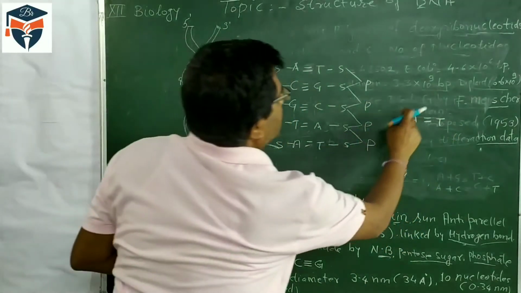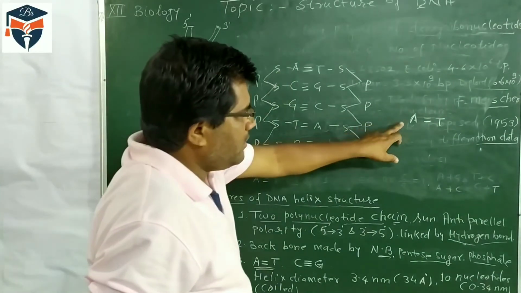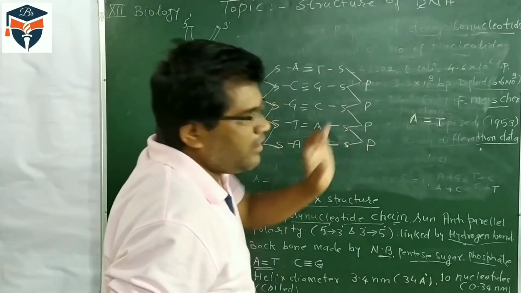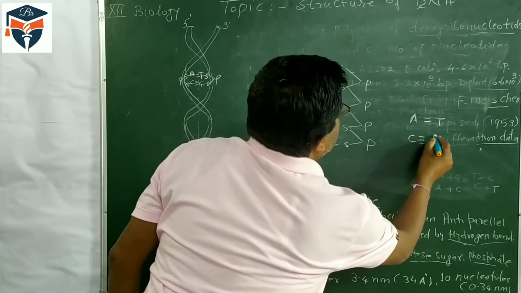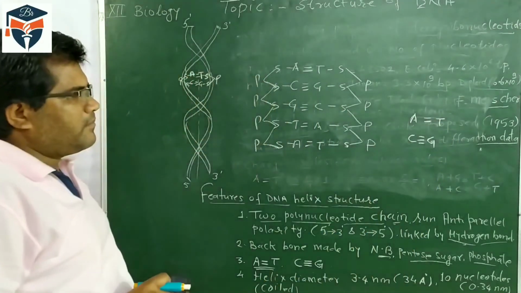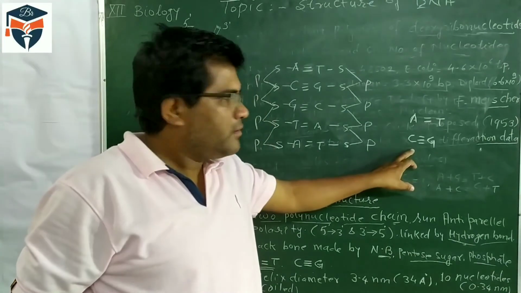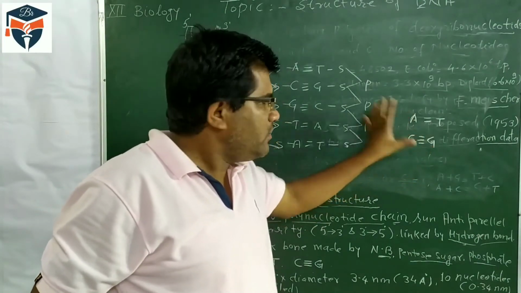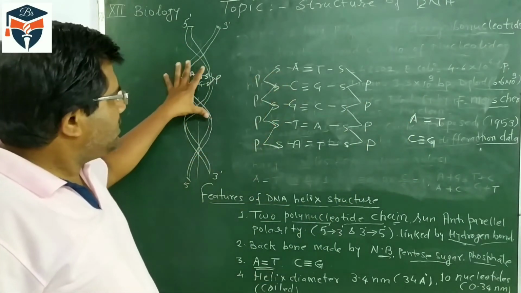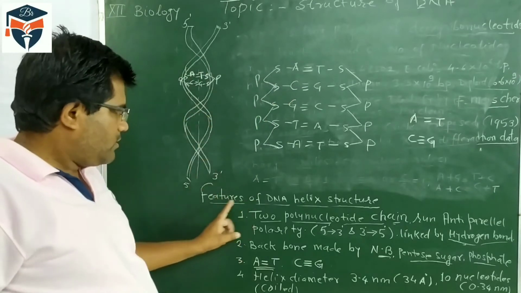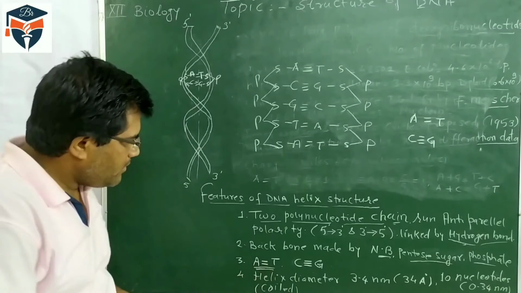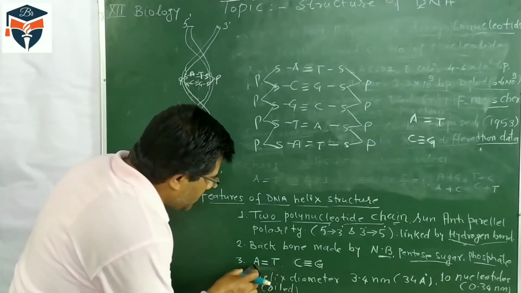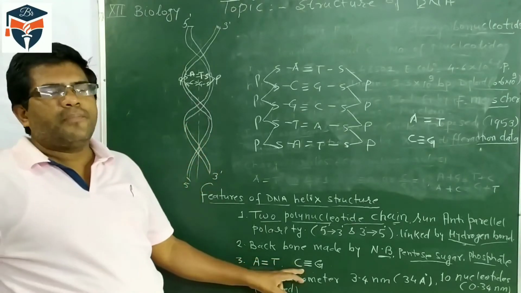So adenine combines with thymine with a double hydrogen bond, whereas cytosine combines with guanine with a triple hydrogen bond. This is the basic structure of the double helical structure of DNA: A with T, and C with G with a triple hydrogen bond.